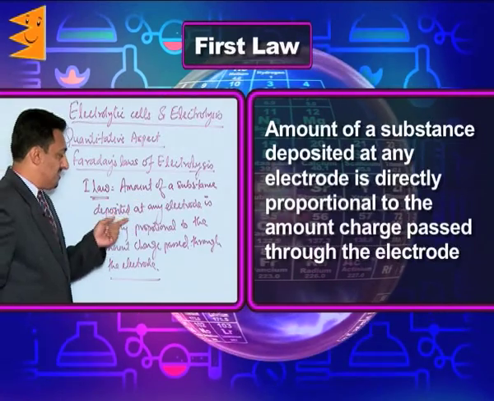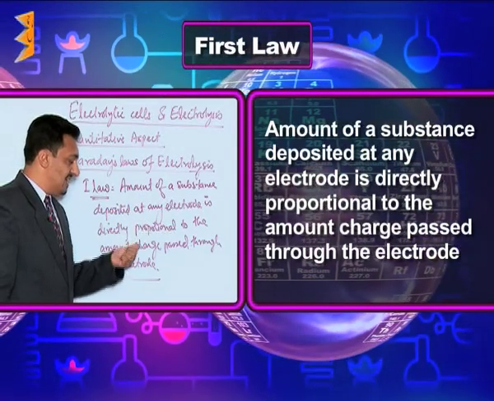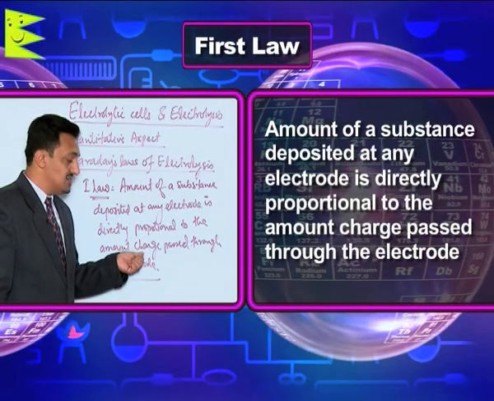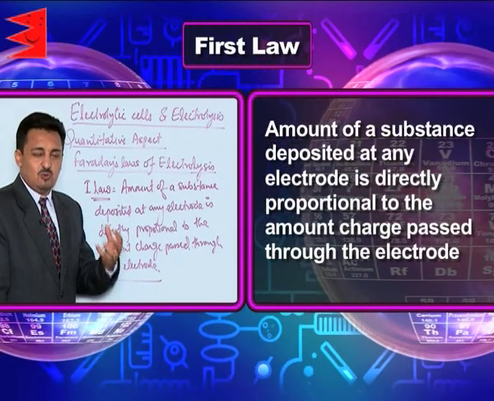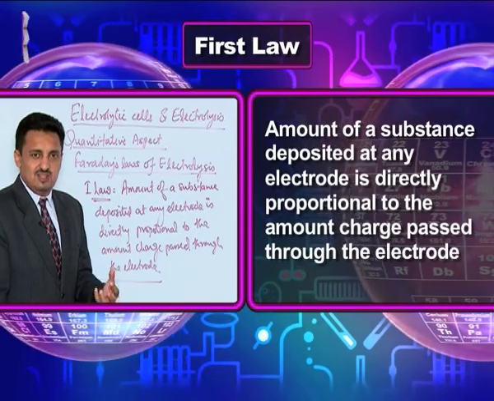So the amount of substance deposited at any electrode is directly proportional to the amount of the charge passed through the electrode. It is the charge which is going to decide how much of the substance will be deposited.